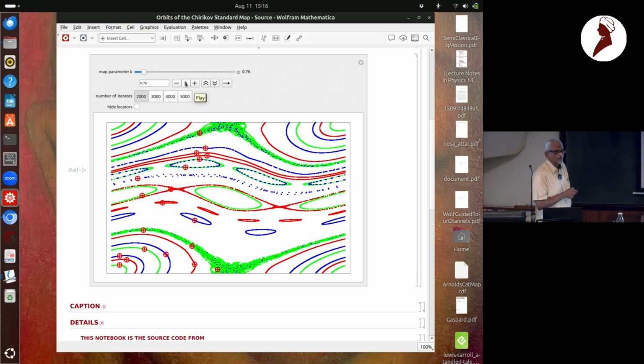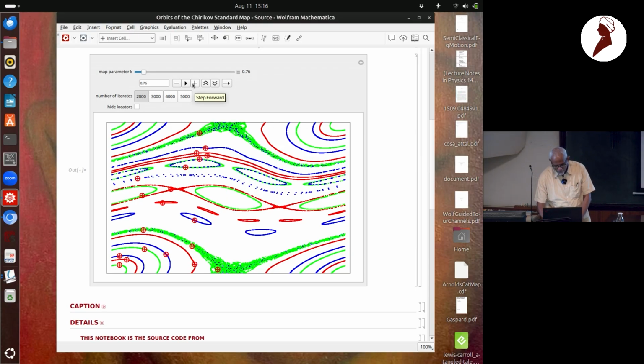So you can already see all the big rational numbers: 0/1, 1/3, 1/2, 2/3. You can also see some tori formed here which look like they have holes in them. This is the mechanism by which the tori themselves lose stability. They form some kind of Cantor set, a fractal set, as it's forming.